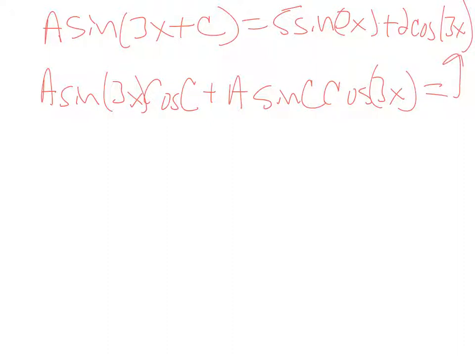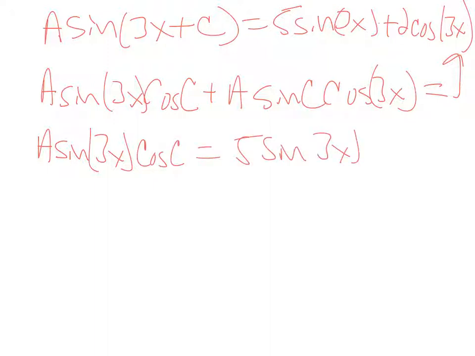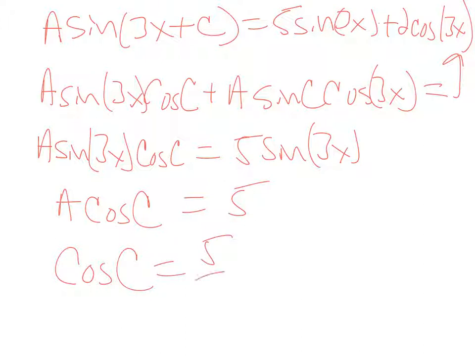So since I can get rid of the 3x, a times the sine of 3x times the cosine of c has to equal 5 times the sine of 3x. If I divide both sides by sine 3x, that gives me a times the cosine of c equals 5. So the cosine of c equals 5 over a.